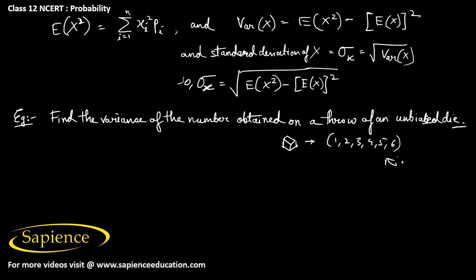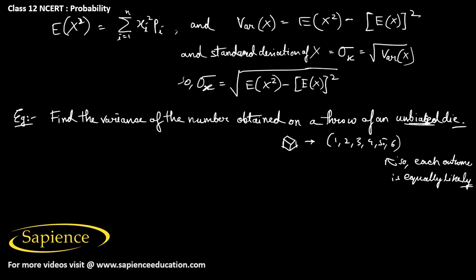Since it is an unbiased die, each outcome is equally likely. Equally likely means their probabilities should be the same. The probability of getting 1 should be the same as the probability of getting 2, and that of 3 and that of 4.